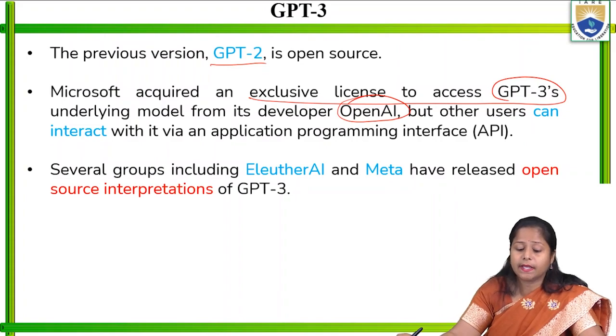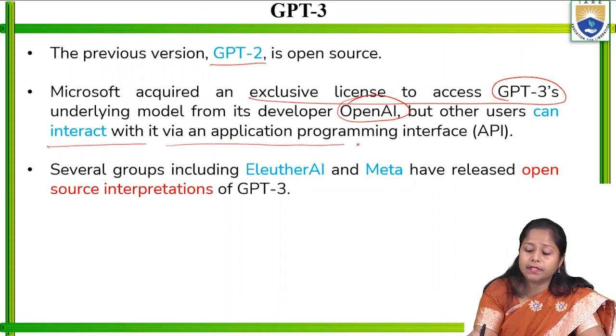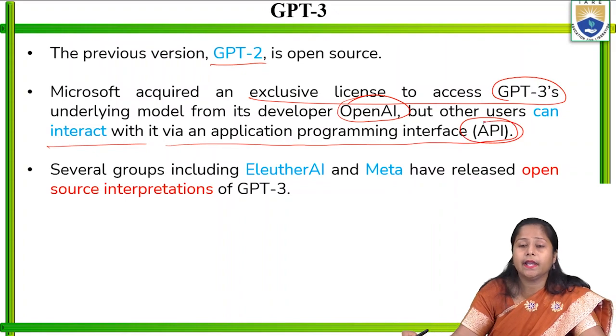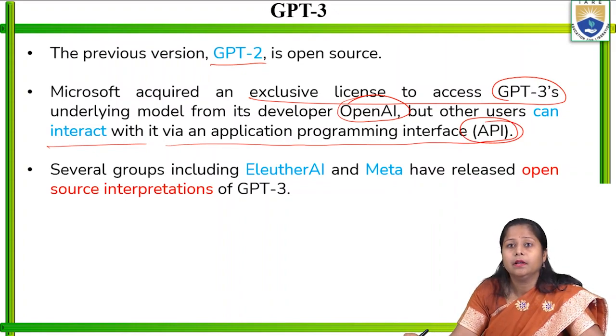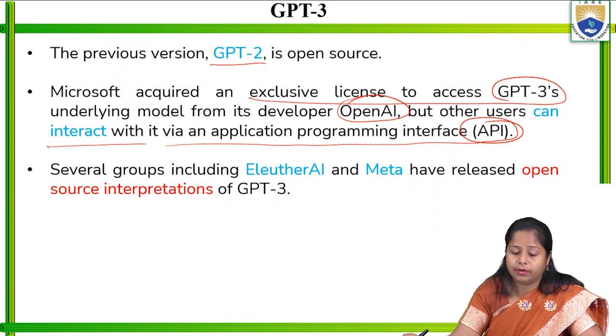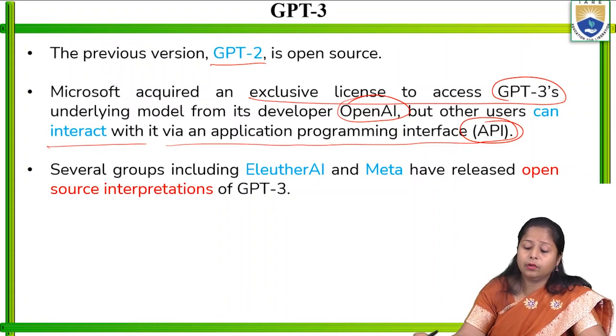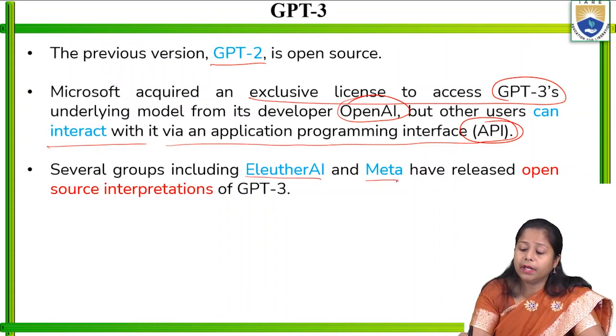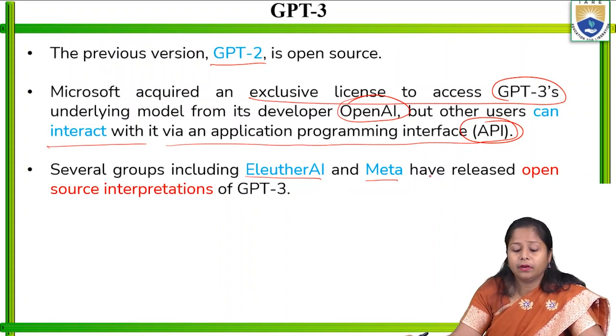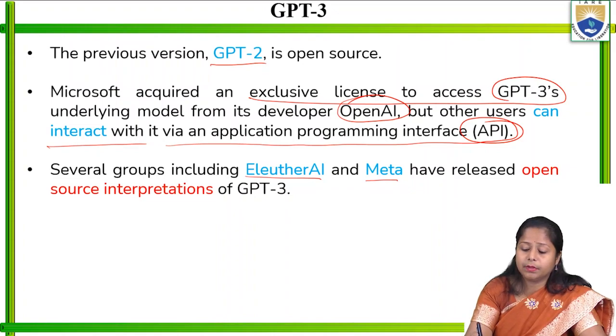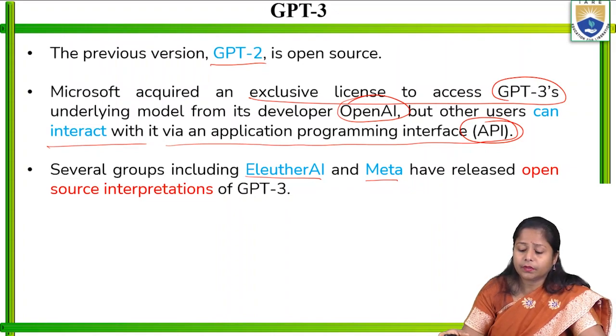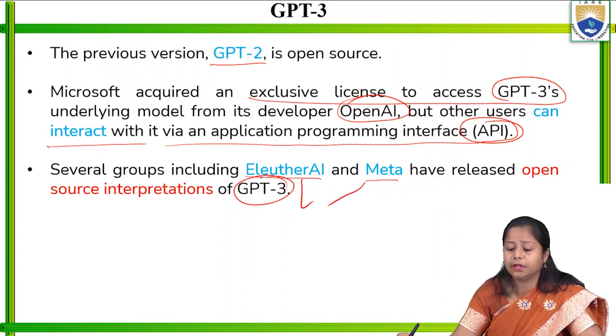But other users can interact with it via an application programming interface, an API. Several groups, including EleutherAI and Meta, have released open source interpretations of GPT-3, that is, other versions of this GPT-3 language model.